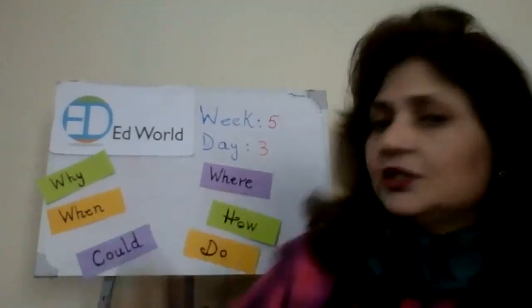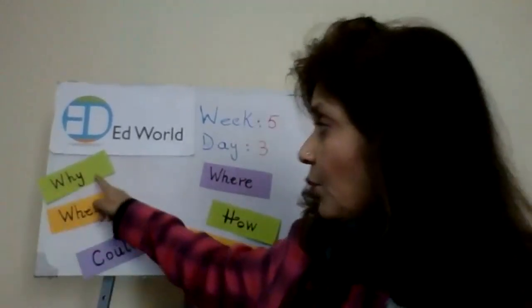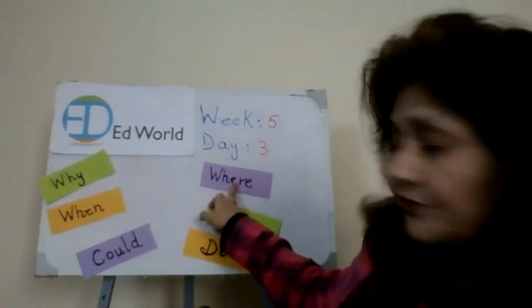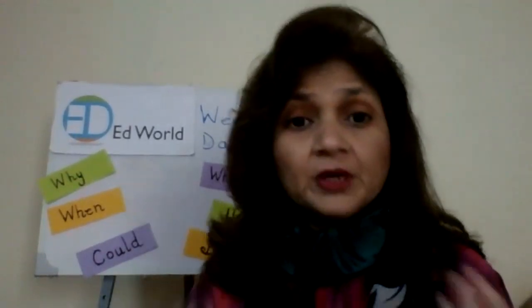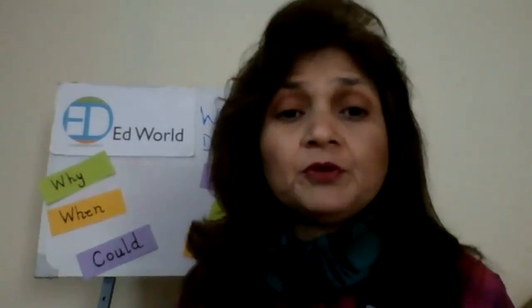It's a do. Now, what type of words are these? When you read them, why, when, could, where, how, and do. When you are reading these words, what comes in your mind? What type of words are these? These are the question words.